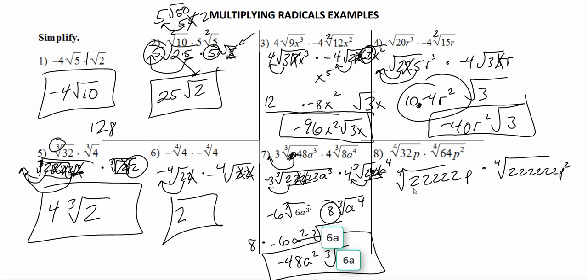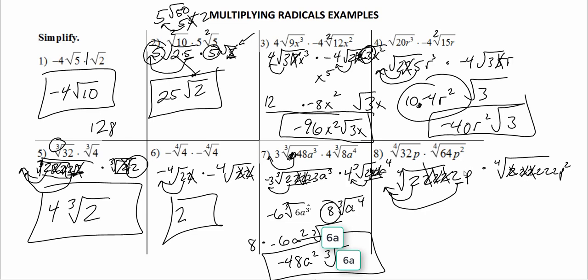How many total 2s do I have? I have 1, 2, 3, 4, 5, 6, 7, 8, 9, 10, 11. Dang, that's a lot of 2s. So I'm going to pull a 2 out, cross 3 more out, and a group of 4. I'm going to take another 2 out, and then cross 3 more out. And then I don't have 4 left, I only have 3, so I am done pulling numbers out.